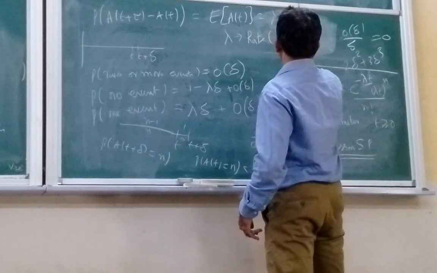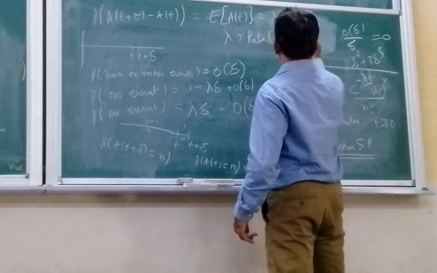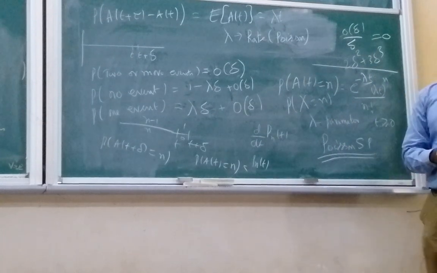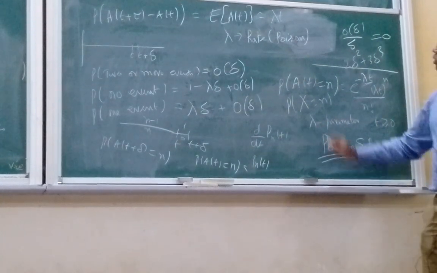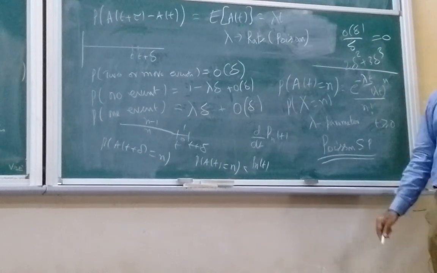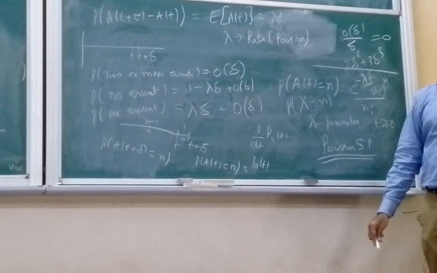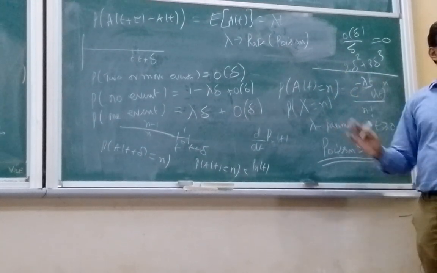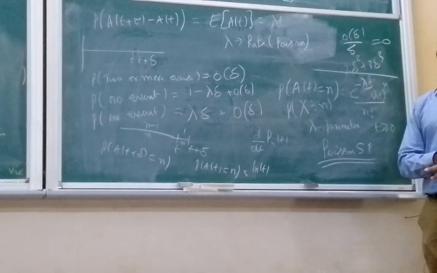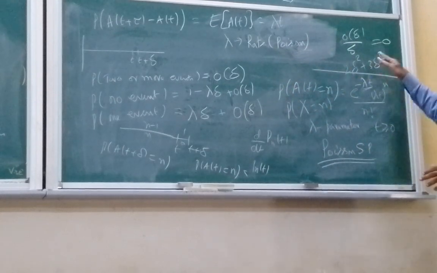Because it is Poisson, it is called the Poisson rate. So this is how we will characterize the arrival process. The arrivals can be modeled to be a Poisson stochastic process, which has got all these properties.